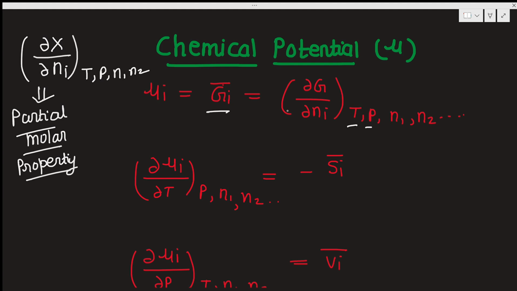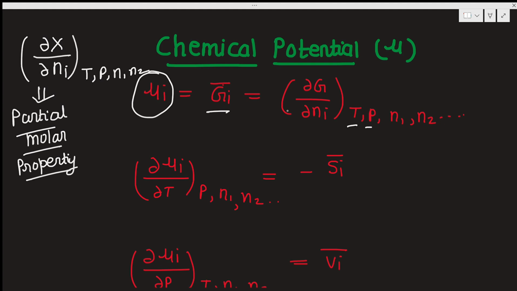So this del G upon del Ni at constant temperature, pressure and number of moles of other constituents is called the mu i. This mu i is called the chemical potential of the ith component. Okay, so in this way you will have to find out the chemical potential.